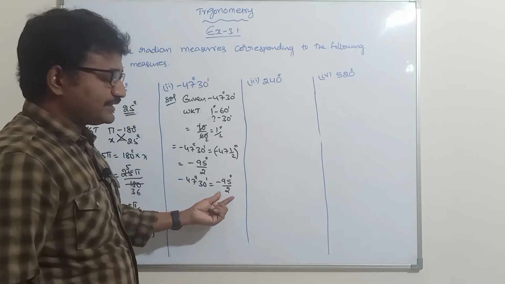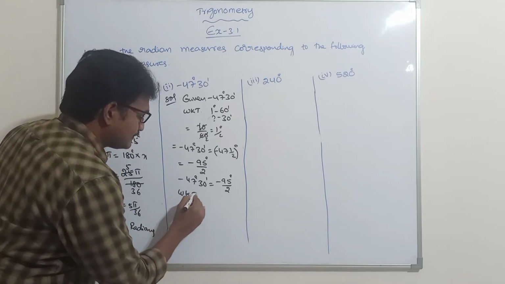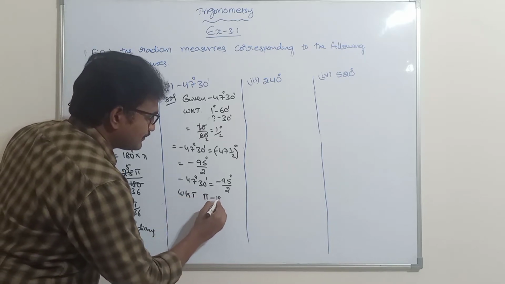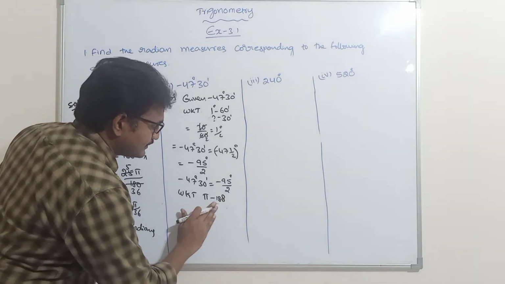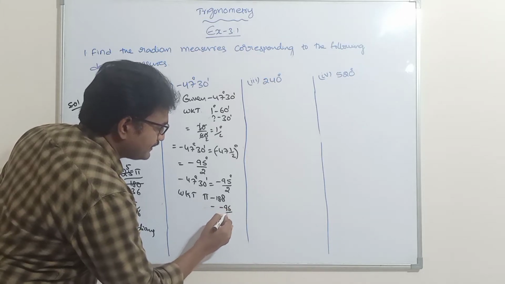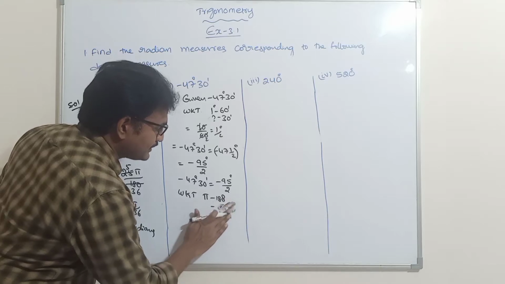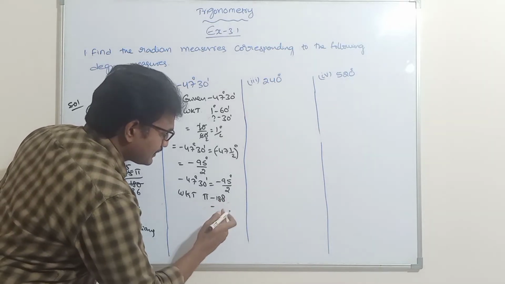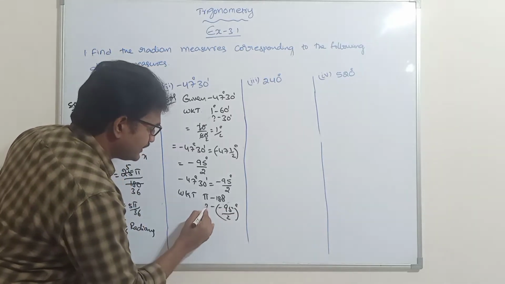Now you need to convert this value into radians. We know that pi radians is equal to 180 degrees. Then minus 95 by 2 degrees is how many radians?